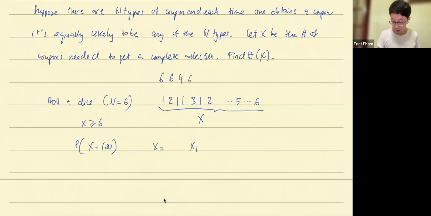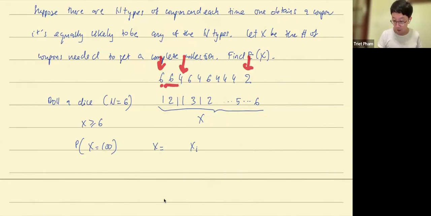And then these might repeat among themselves until you collect the third type. But the crucial moments are the moment you collect the first type, the second type, and then the third type.